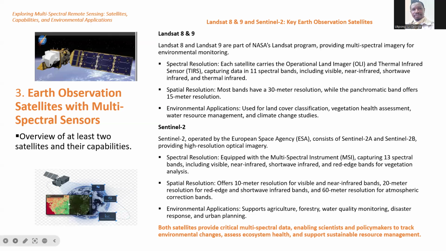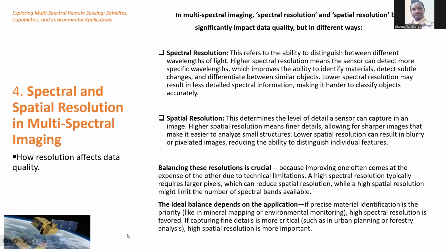resource management. Let's talk about the spectral and spatial resolution more in multispectral imaging. By this, I'm just going to narrow down to how resolution affects quality. In multispectral imaging, spectral resolution and spatial resolution both significantly impact data quality, both in different ways.